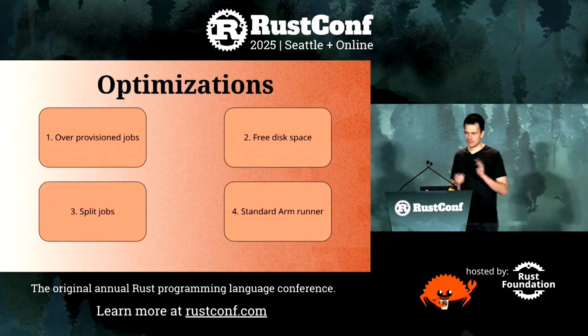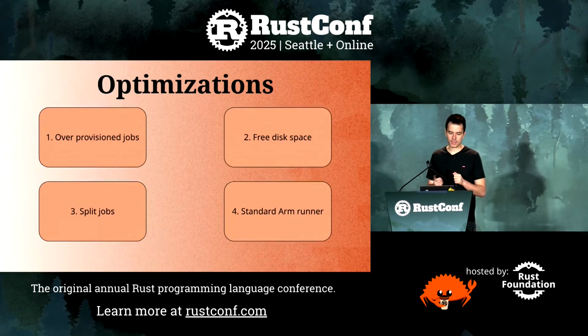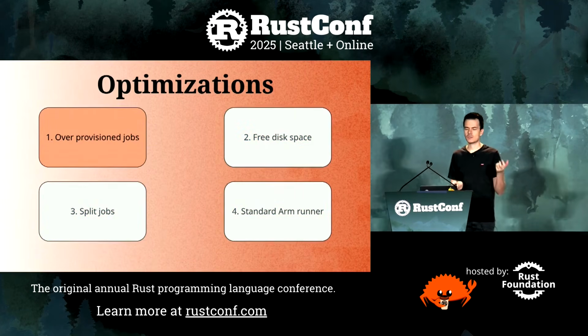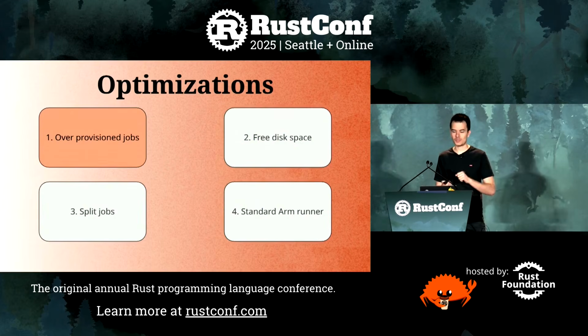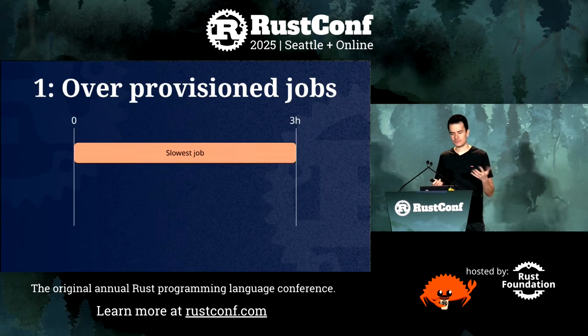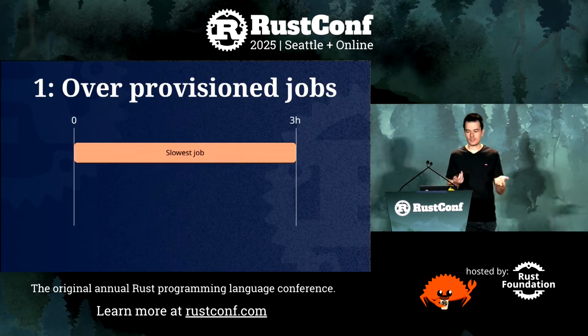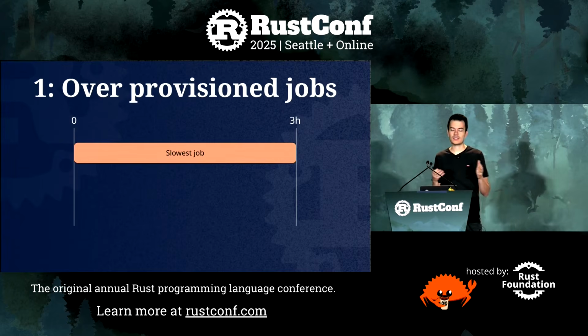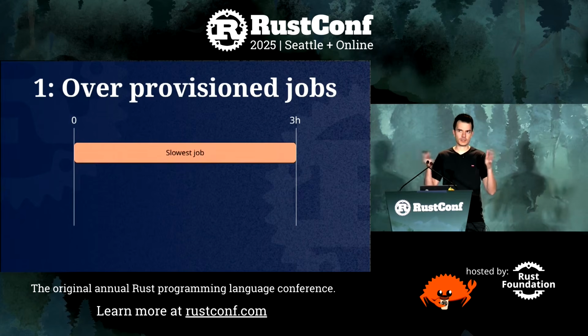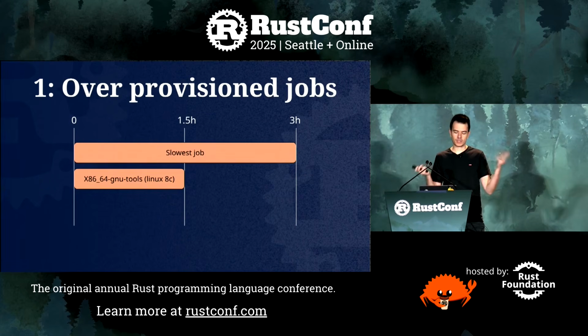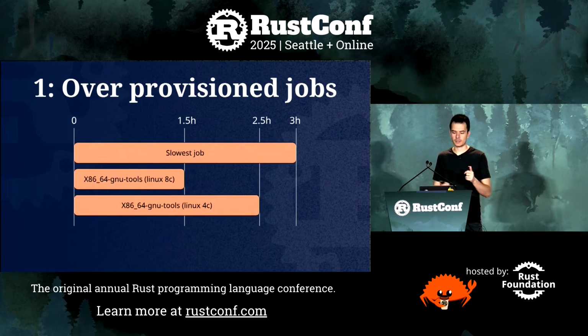We did 4 kinds of optimizations. The first one is that we tried to convert over-provisioned jobs. What does it mean? The duration of the auto build is given by the slowest job. So if the slowest job takes 3 hours, and there is a job that runs on a large runner that takes 1 hour and a half, what happens if we move this job to a standard runner?